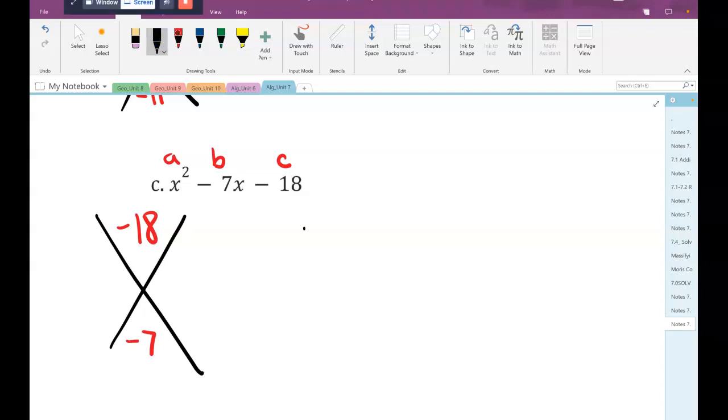So if we list out the factors of 18, if you look on your factor sheet, you'd have 1 and 18, 2 and 9, 3 and 6. So we're thinking of a way that we can add to negative 7 and multiply to negative 18. So if we have just a negative on top, we know one of these two terms has to be negative. We're adding to a negative and staying a negative.